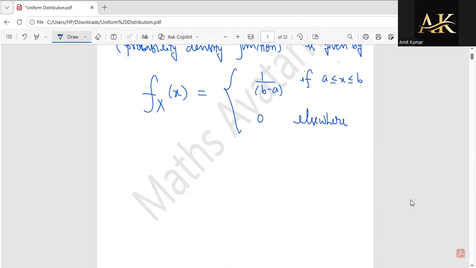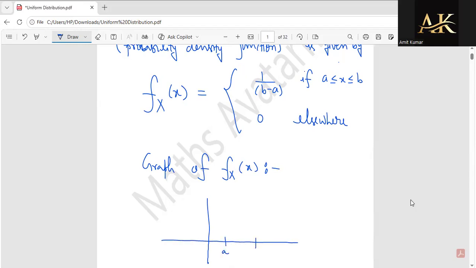Okay. So if we want to draw the graph of f(x), the graph looks like this. On the closed interval a b, the value is 1 upon b minus a, and elsewhere it is 0.